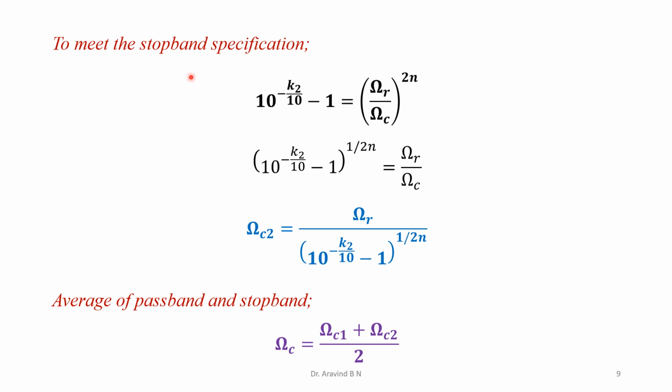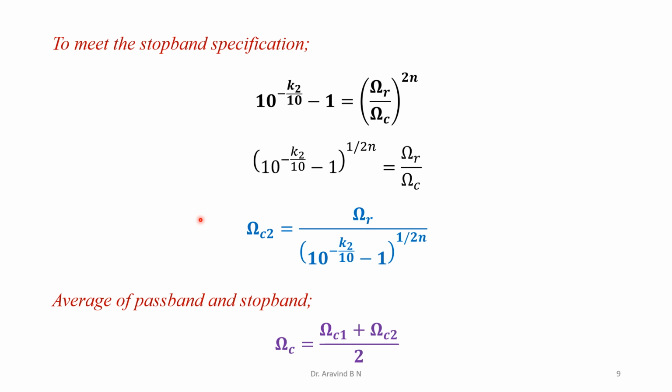That means with respect to the stop band specification, the cutoff frequency, which we call omega c2, is given by omega r divided by [10 to the power of minus k2 by 10, minus 1] whole to the power of 1 by 2n. Now an average of the pass band and stop band, which is a compromise between these two, is omega c, equal to (omega c1 + omega c2) divided by 2.